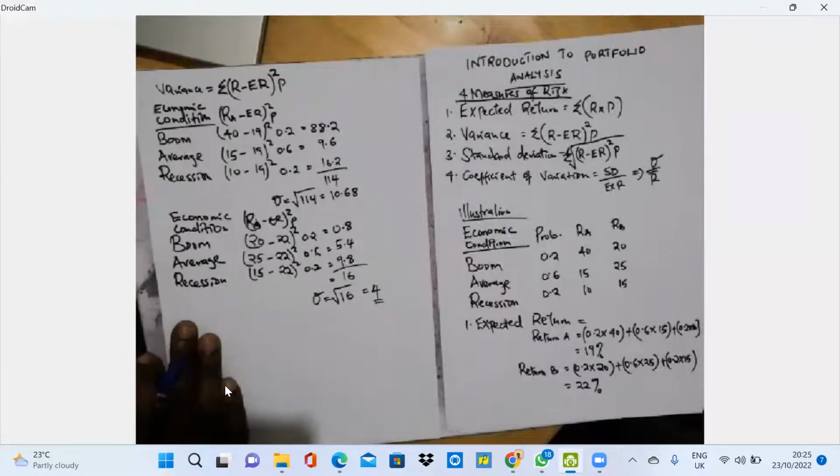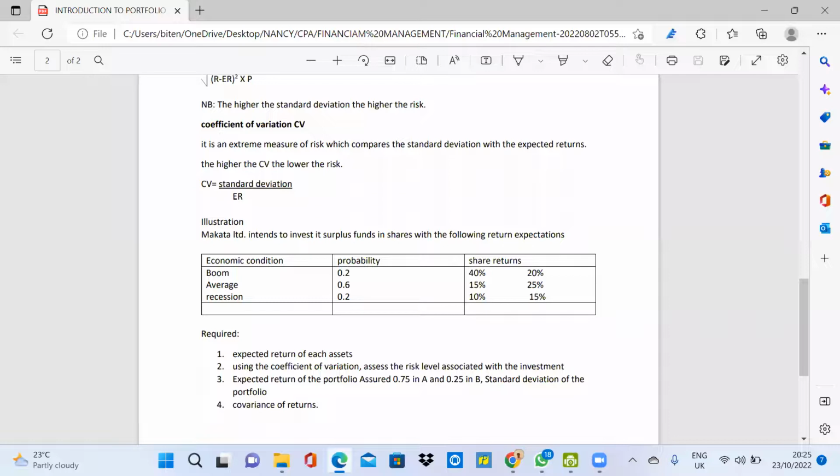So our question wanted us to get the coefficient of variation. To get our coefficient of variation, it's the standard deviation divided by expected return. So coefficient of variation of A, we take 10.68 and divide by expected return of A, which is 19.